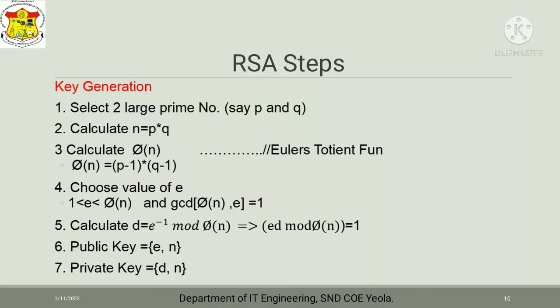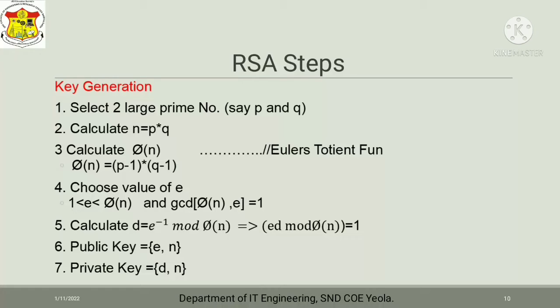After which we have to find n, that is the modulus of encryption and decryption, obtained by n is equal to p into q, the multiplication of the two prime numbers. After which we have to find the totient function, that is phi of n. We have the formula phi of n is equal to p minus 1 into q minus 1.